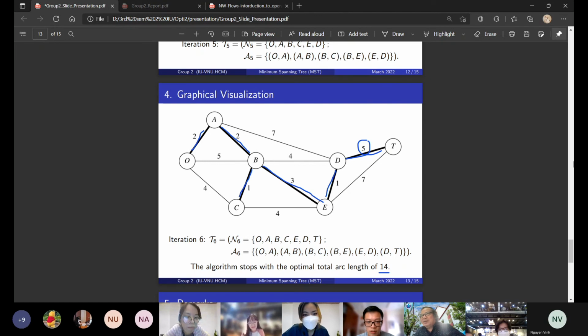Not necessarily spanning tree with minimum length. So the network problem, the network flow problem, has many special cases. I just gave you one very special case. And that's good. Thank you.